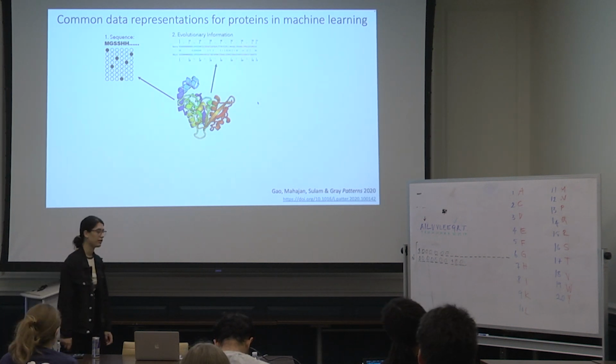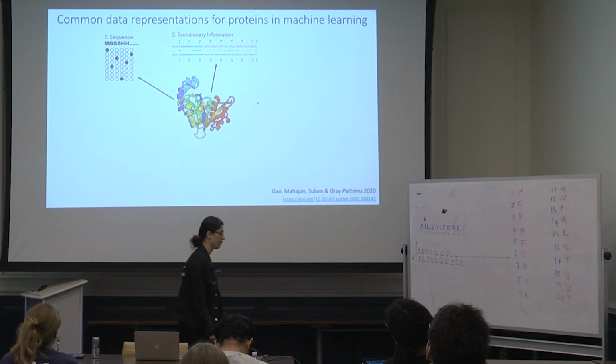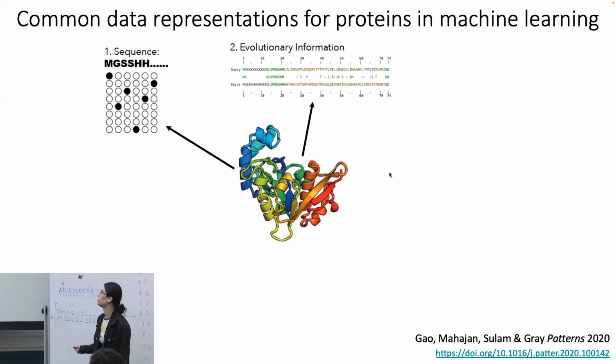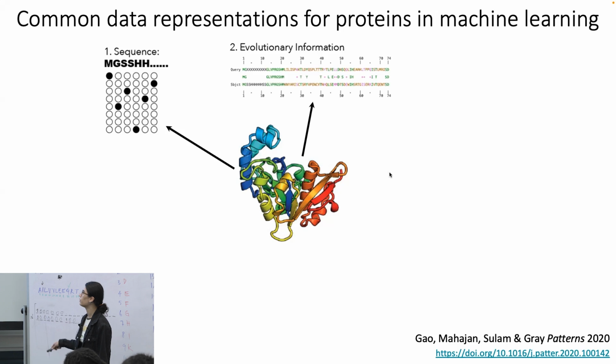Okay, let's talk about other types of information that you can have. As an example, we talked about there being templates, we talked about sequences and sequence similarity. So we also can gather some evolutionary information from sequence alignment. In here, we have a query sequence, and we're looking at its alignment to another sequence. And we see that in certain segments here, we have some alignment.